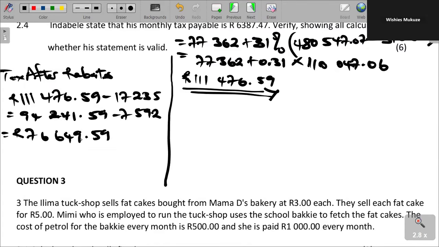And then we are saying this is annually. This is for the whole year.